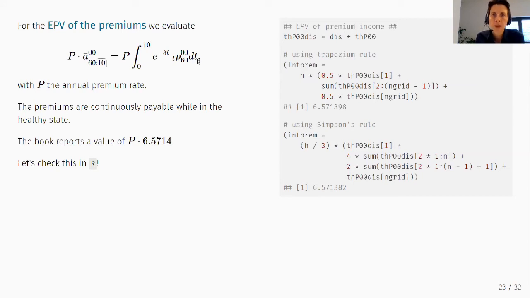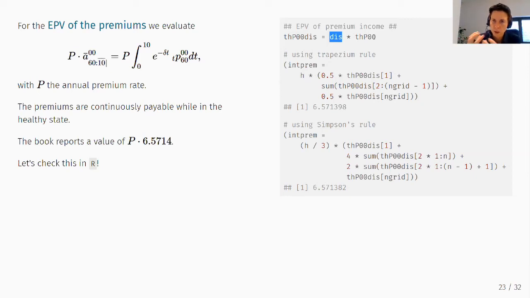So what do I do? Once again, I'm calculating with vectors. This is my vector of discount factors along this grid with step size 1/12 that I constructed. And the tp00, that's what I got from my table, right? That's this vector with the values of this transition probability evaluated along the grid points that I created.